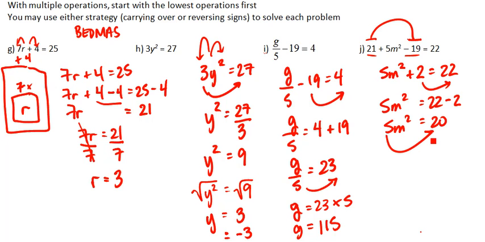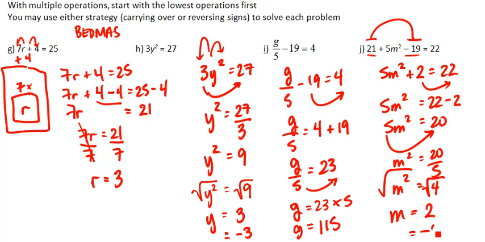Carry the 5 over, and it becomes 20 divided by 5. m squared is equal to 4. Undo the square using a square root, and I find m equals 2 and also negative 2. This is how we solve with multiple operations.